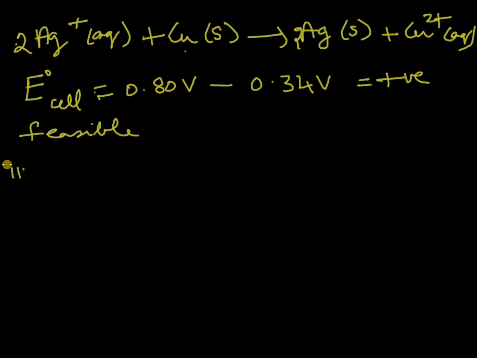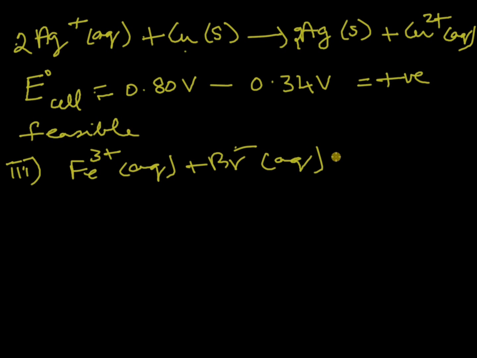Let us pass on to the third one, in which you have Fe3+ and Br minus. Following the first example, you should be able to write the equation here. Fe3+ becoming Fe2+ aqueous, and Br minus becoming half Br2 liquid.